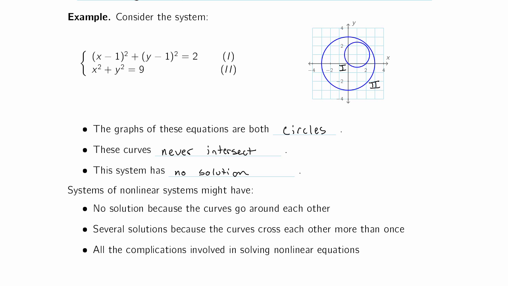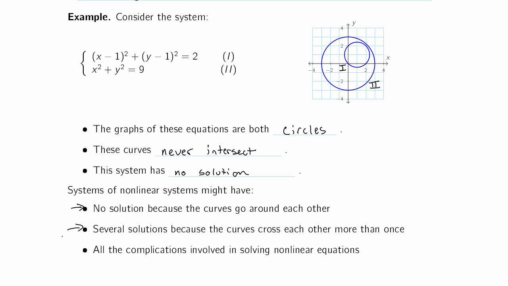So these are all things that can go wrong with nonlinear systems. We might have no solution because the curves go around each other. We might have a whole bunch of solutions because the curves go back and forth and cross each other more than once.